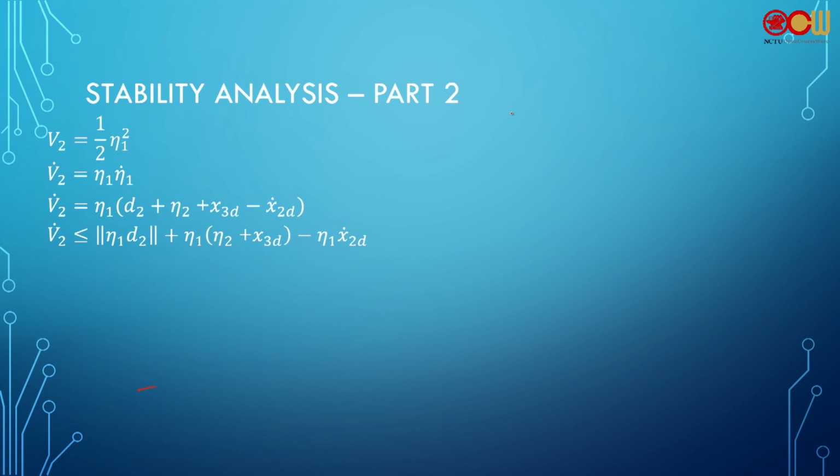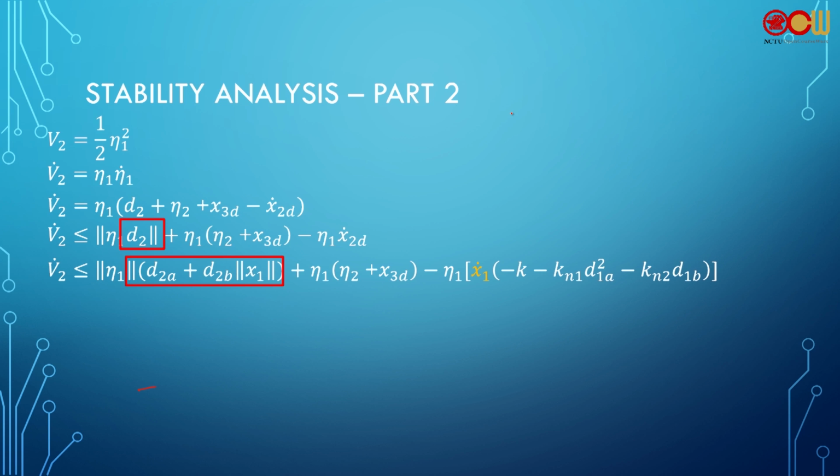And next, again, we upper bound these disturbance terms: we upper bound eta 1 d2 by the absolute value of its product. Then you can substitute the upper bound of d2, which is this: d2a, d2b times x1 norm. Here remains the same, and here we substitute the controllers.